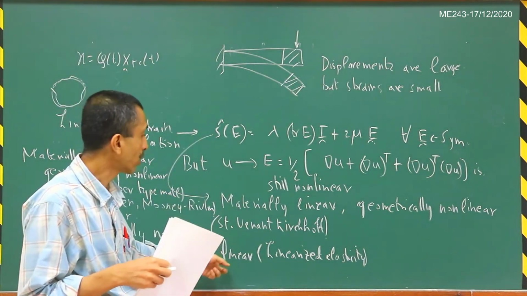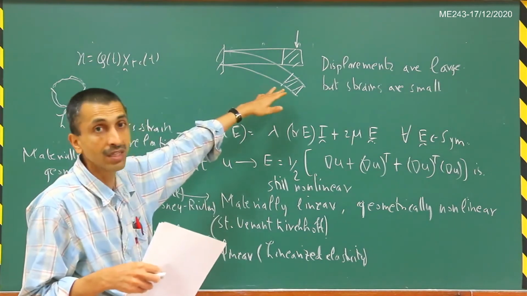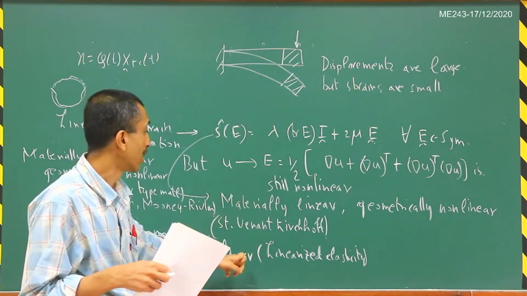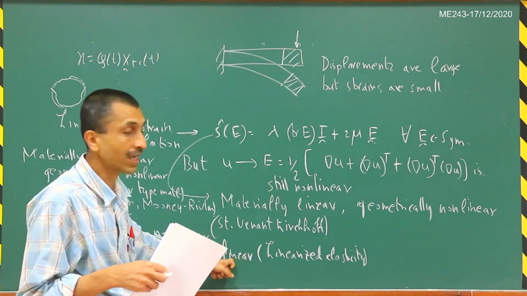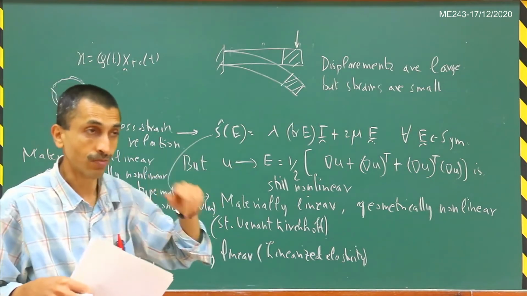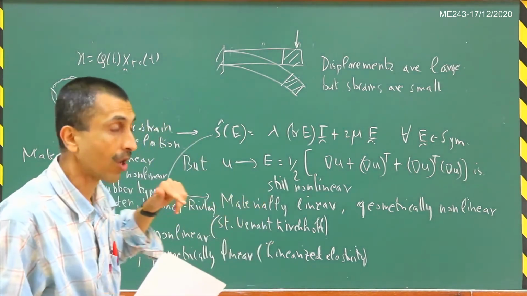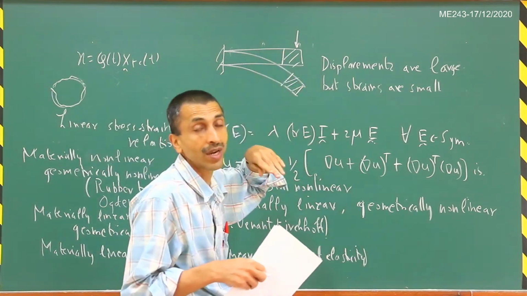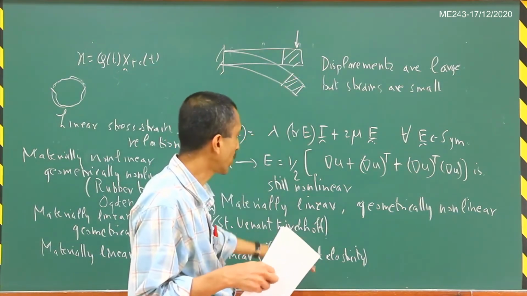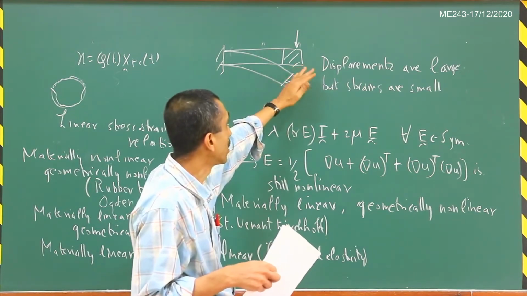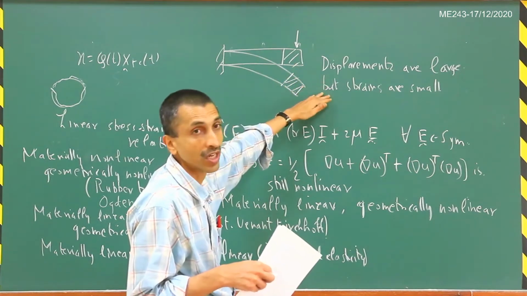You cannot use linearized elasticity if the displacements are large, because as I said, linearized elasticity is appropriate only when the displacements are small. Both the displacement and the displacement gradients are small. Whereas in this particular case, the displacements are large, and so you cannot use linearized elasticity, and you have to use this large displacement, small strain model.